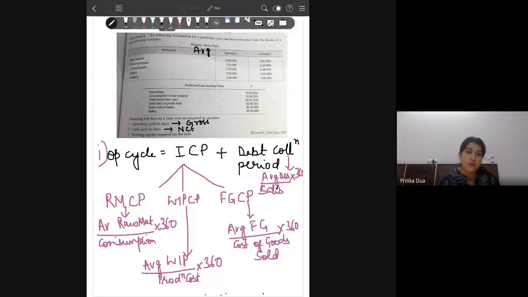So how much is the raw material conversion period coming to?